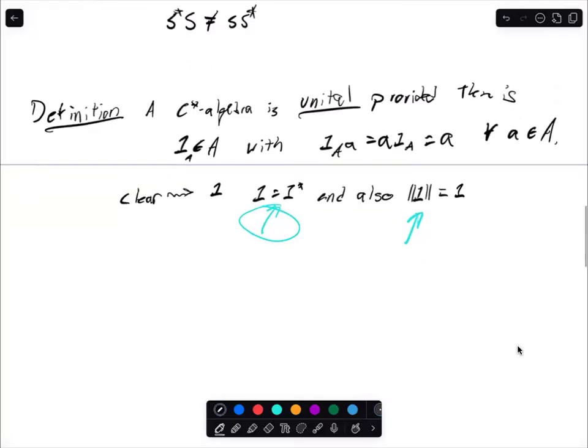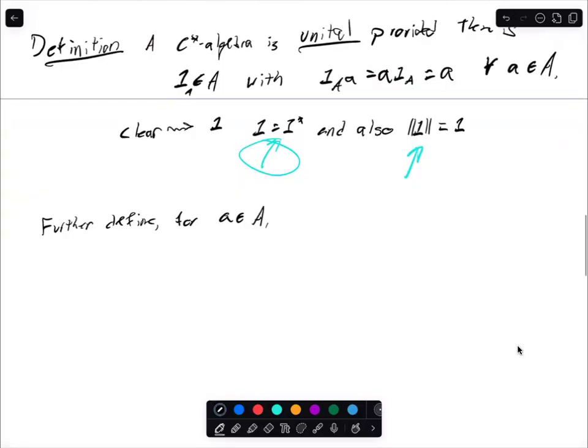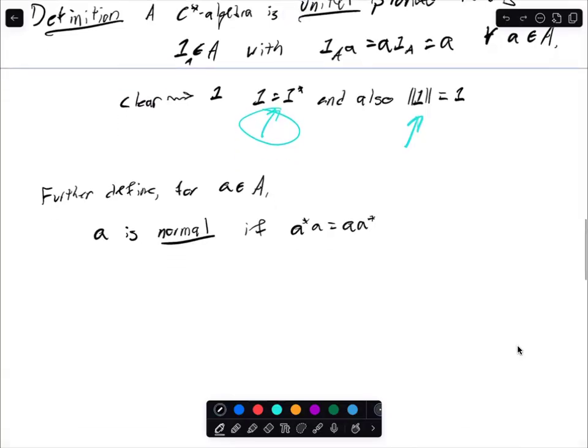And we take this time also to give a bunch of different names to different operators. So further define, for an element in a C-star algebra: we say A is normal if it commutes with its adjoint. It's called self-adjoint if it is equal to its own adjoint.